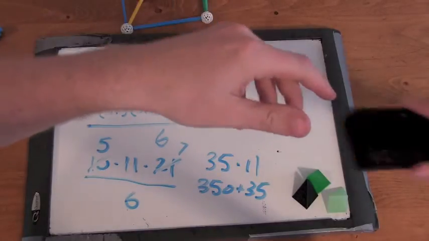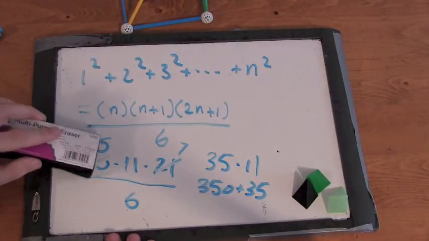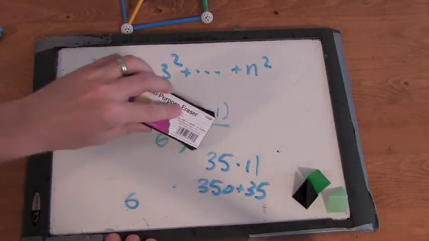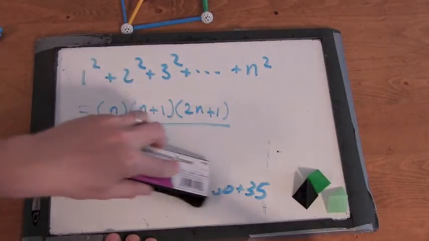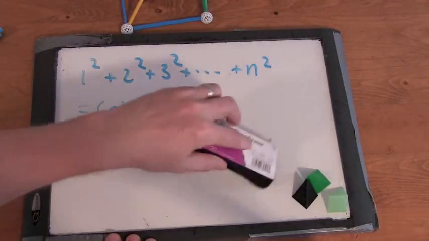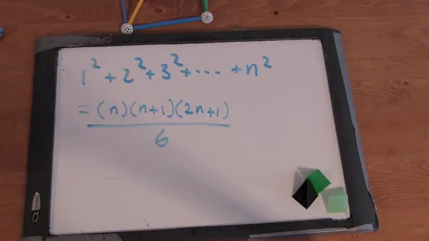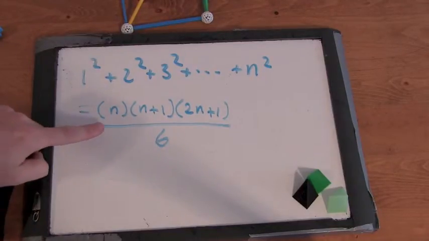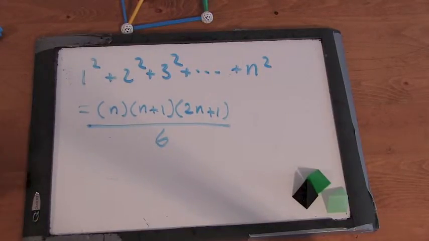And we can start to see what's going on for some large numbers here. What do you notice about this product when n gets really large? When n gets really large, these plus ones won't matter much.